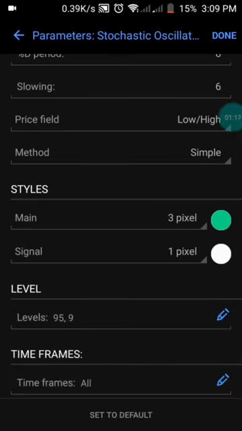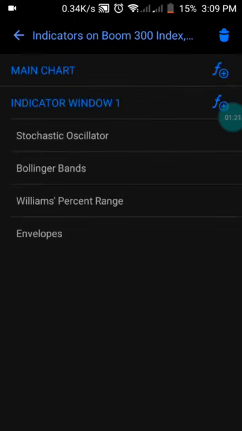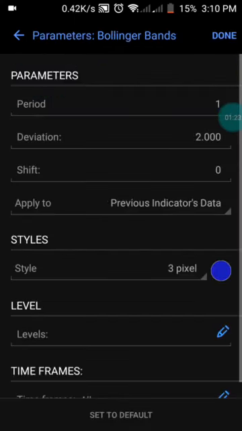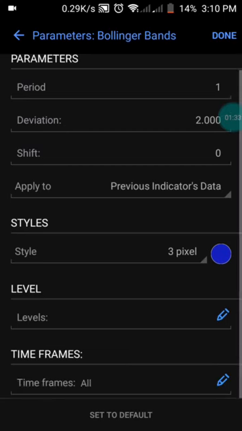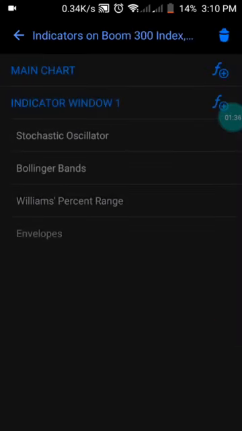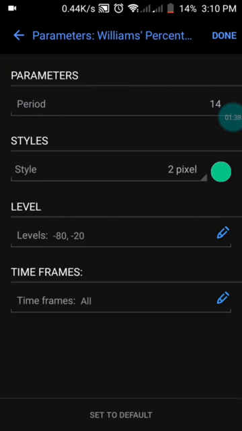I have my levels at 95 and 9, and also I have my Bollinger Band, with a period of 1, deviation of 2, shift of 0, applied to previous indicator data. I have my style in blue color, and I don't have any level. You can press done, and I have my Williams Percentage Range, period of 14, style of 2. I have my levels at -80 and -20.